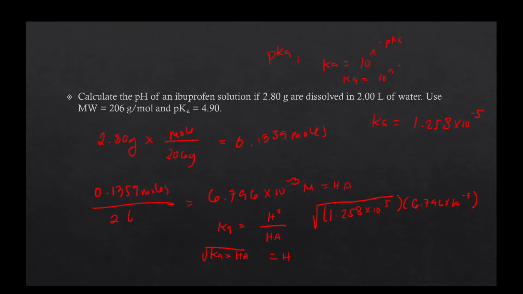Square root of that is our H. 2.925 times 10 to the negative fourth, that is our H.